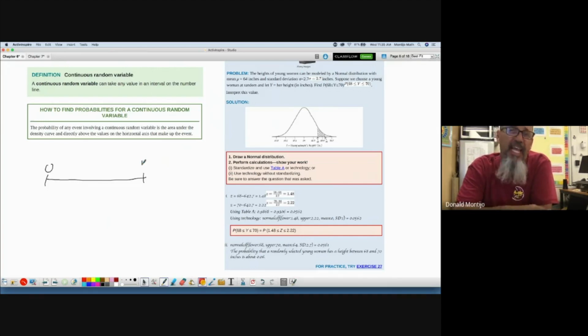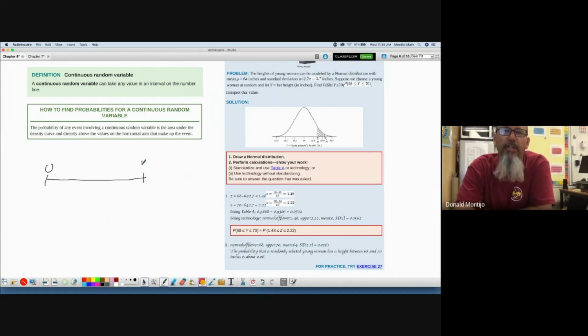Since there's an infinite number of X's, making a probability distribution such as we did for having the children would be impossible. There's no way I could write out every single possible X value. It just can't happen. So in a continuous random variable, we're not going to be able to make a probability distribution to answer the questions.